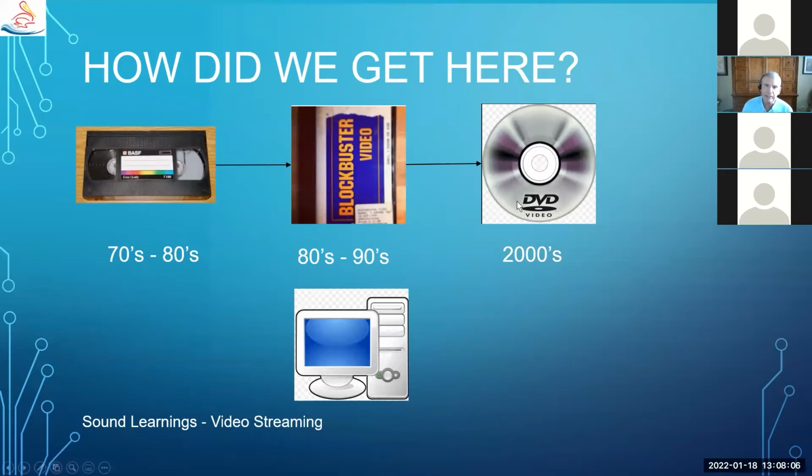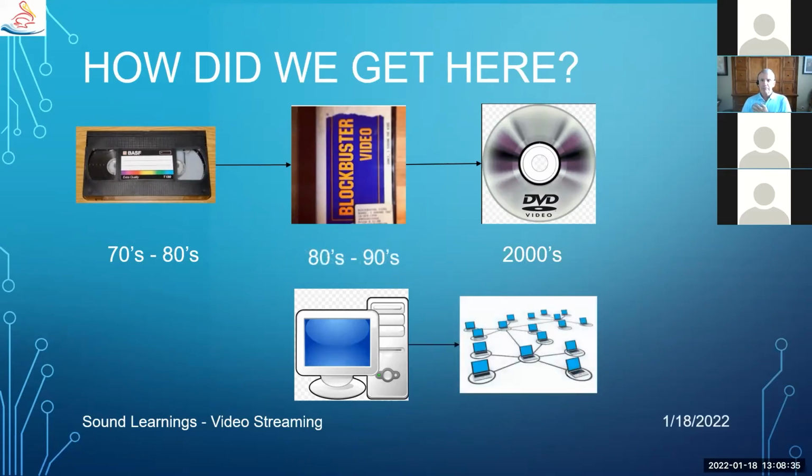And then in the 2000s, all those videos that were on VHS tape, which were not digital, they were what's called analog, were converted and became DVDs, which were digital video discs. So now all that video content became digital, which means it was a bunch of zeros and ones. And you could play those on your PC.